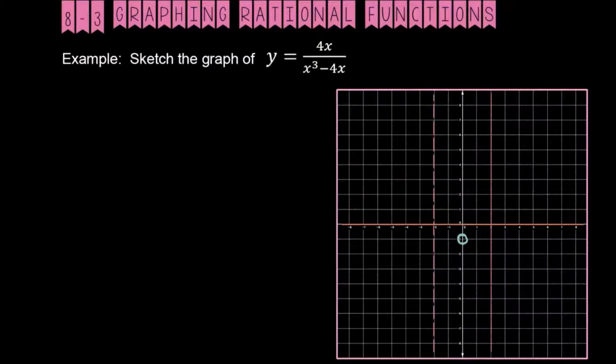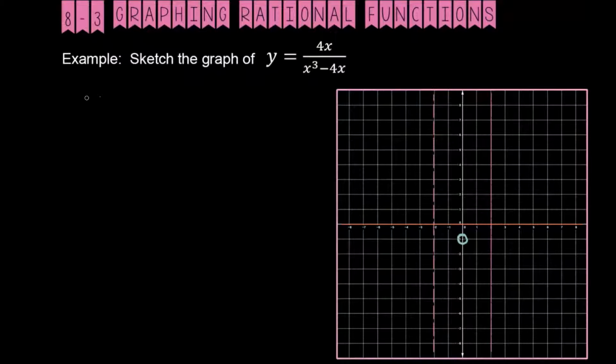So let's go ahead and find some data there. So let's pick some values. So I want to pick something like -3 and +3 to plug in.